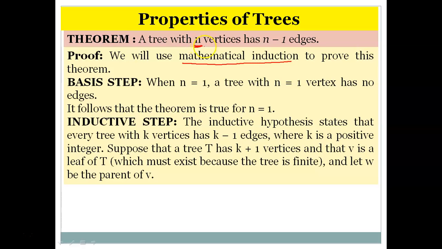In this principle, there are 3 fundamental steps. One is the basis step, where we prove the given statement for n equal to 1. Then we assume that the statement is true for n equal to some particular integer, say n equal to k.